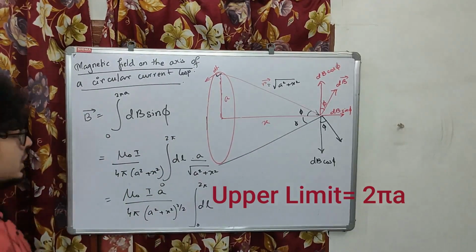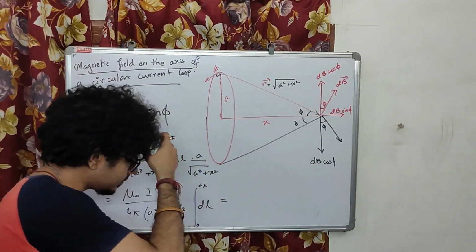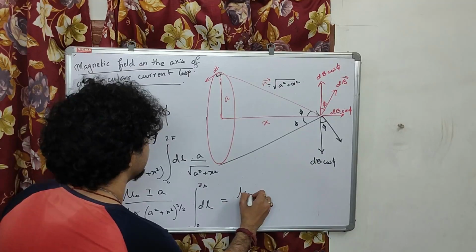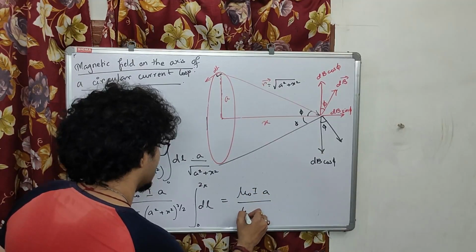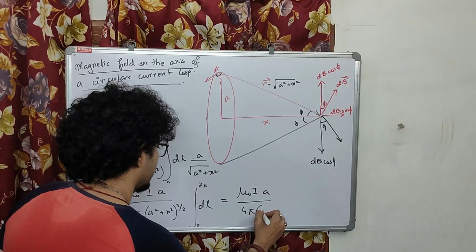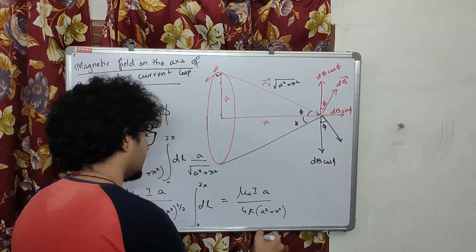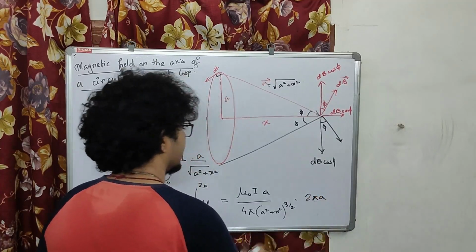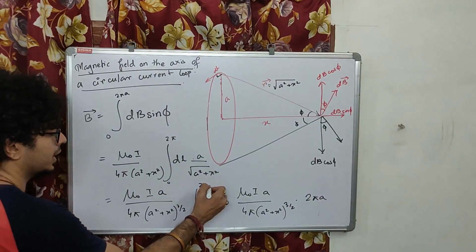After integrating we get mu naught I a by 4 pi, a square plus x square to the power 3 by 2, times 2 pi a, integrating from 0 to 2 pi a.